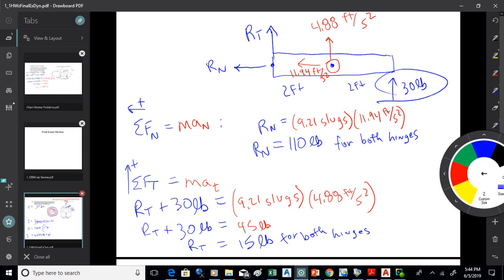On the right, I'll put the mass, the 9.21 slugs, and the 4.88 feet per second squared. When I work through that, I get the tangential reaction is 15 pounds. That's for both hinges, so the reaction per hinge would be 7.5 pounds. All right, so there you go. That's finishing up that handout problem.